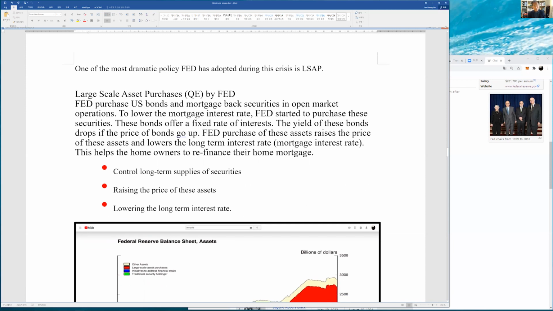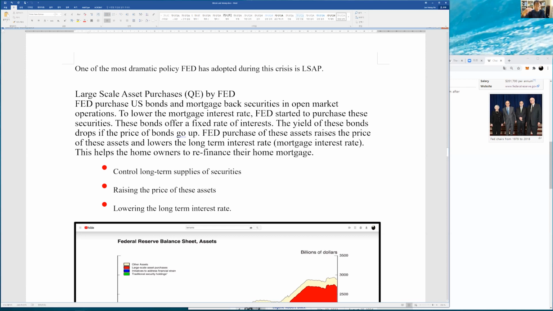Basically, the Fed purchases U.S. bonds and mortgage-backed securities in its open market operations. So basically, the Fed can lower the mortgage interest rate.